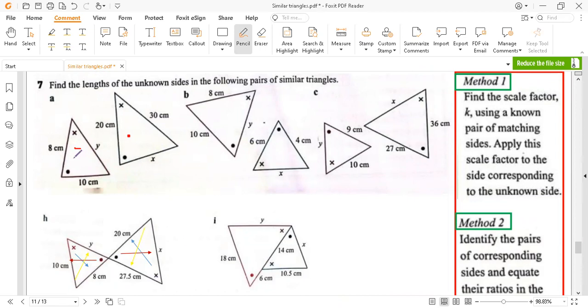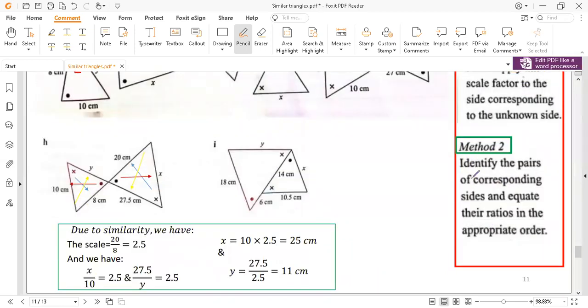Because if we have similar triangles, the corresponding sides from both triangles are in the same proportion. So we can use one of these methods. For example, we can find the scale factor first of all, and then use it with the other ratios to find the unknown side. Or we can identify the pairs of corresponding sides and equate their ratios in the appropriate order.